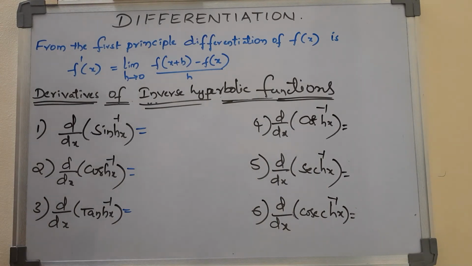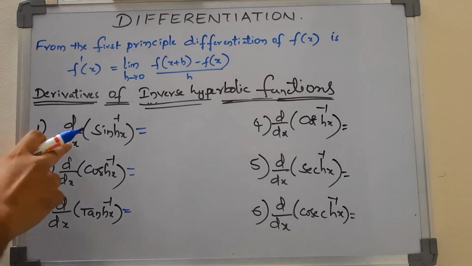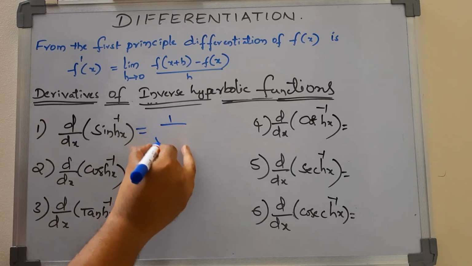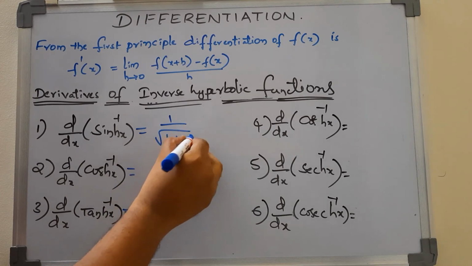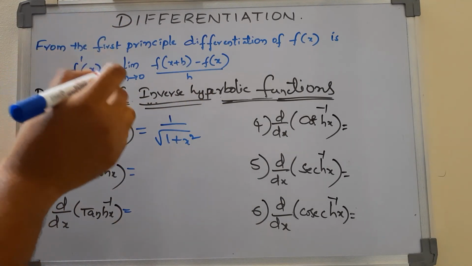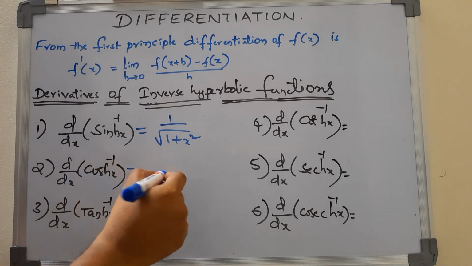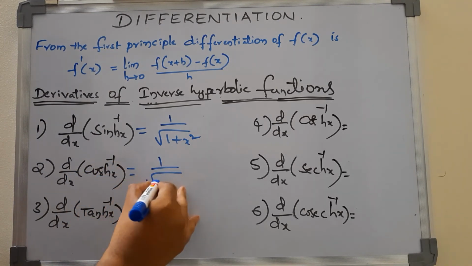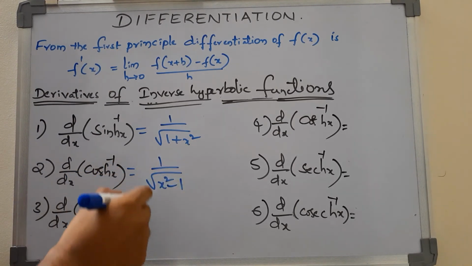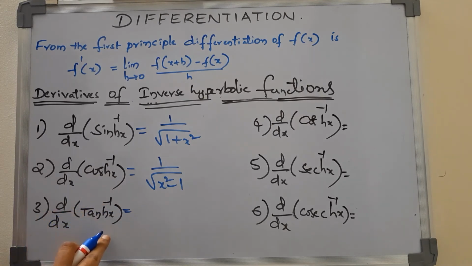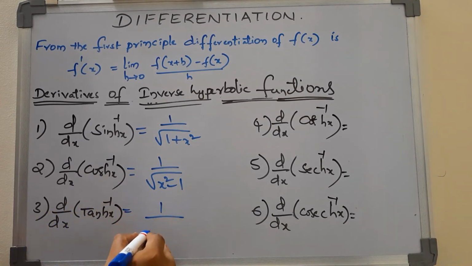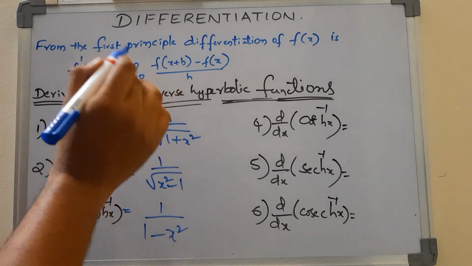The sin h inverse x derivative can be written as 1 by square root of 1 plus x square, and cos h inverse derivative is 1 by square root of x square minus 1. Tan h inverse x derivative can be written as 1 by 1 minus x square.